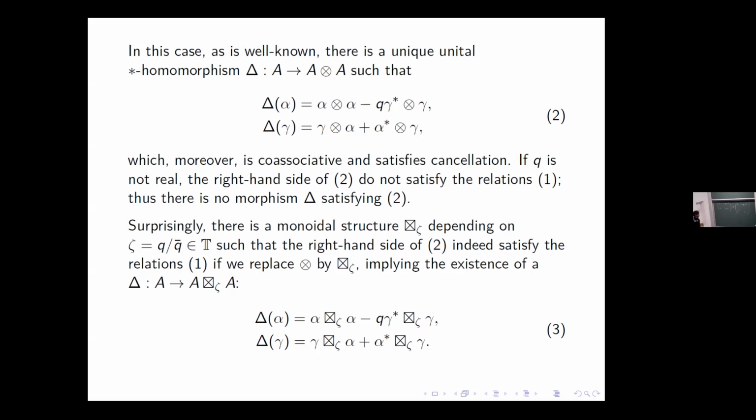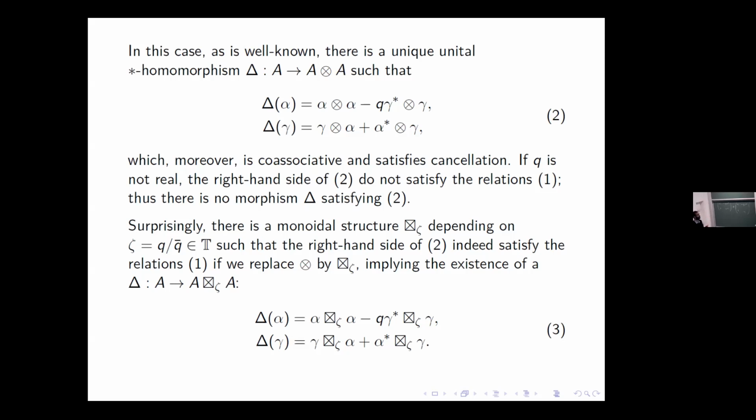The problem is, suppose now q is not real, then the right hand side of 2 does not satisfy the relations. Recall that A is the universal C-star algebra generated by alpha and gamma satisfying some relations. So if we need to define a morphism from A towards a C-star algebra, we need the elements on the right hand side to satisfy the relations defining A. The problem with q non-real is that the right hand side of 2 does not satisfy the relations 1.